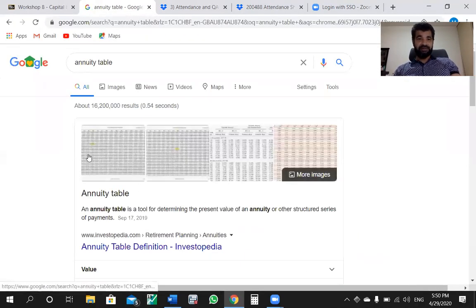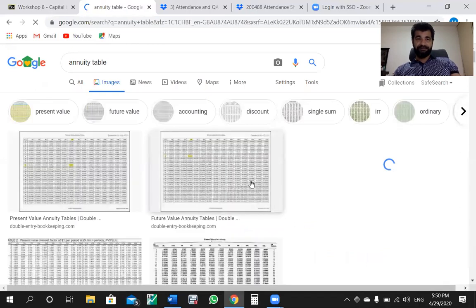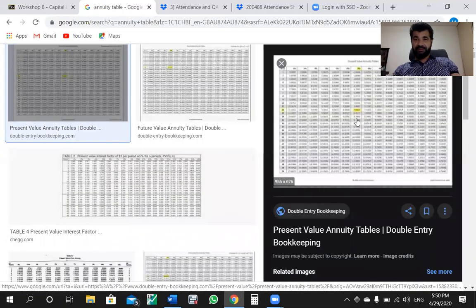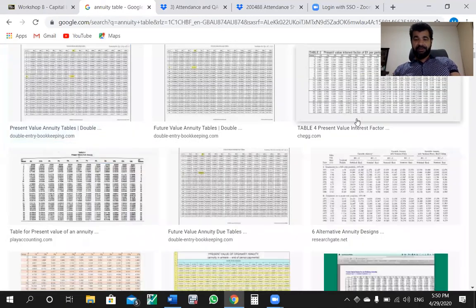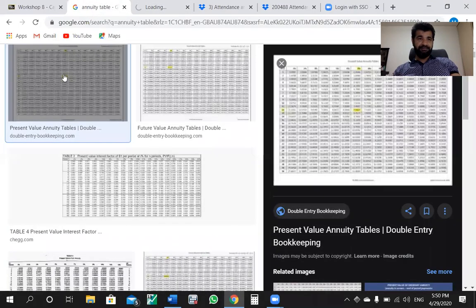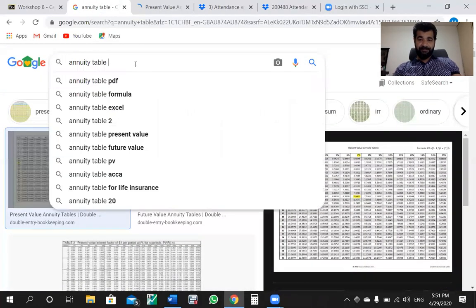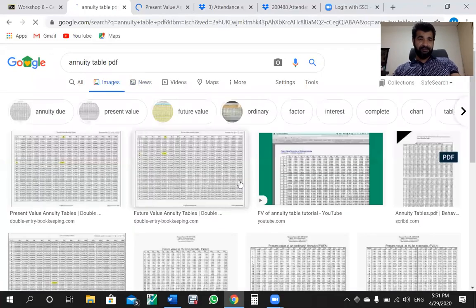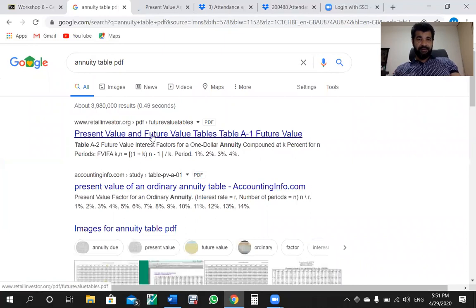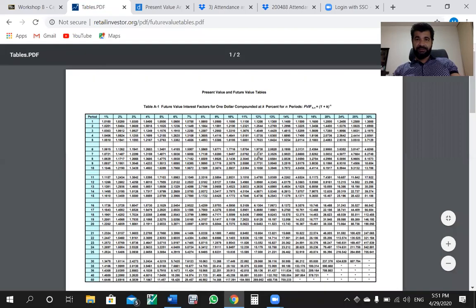Here is the present value annuity table. Here it is. You can find it from here too.